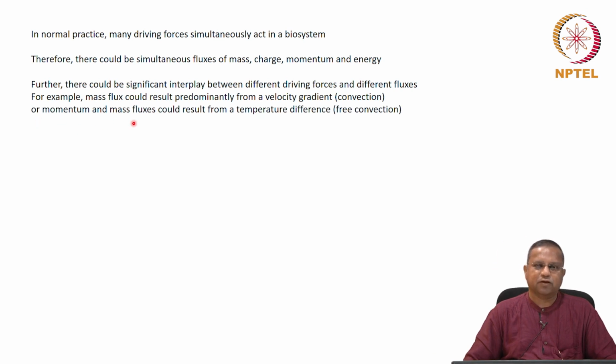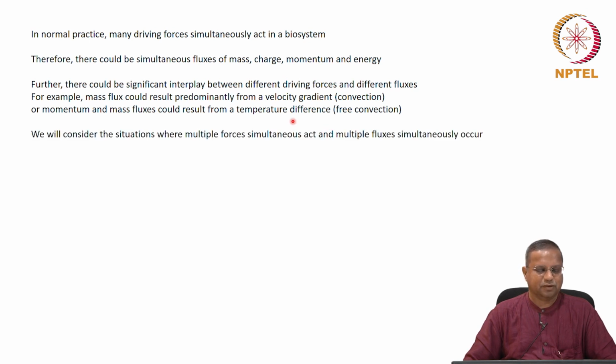Or momentum and mass fluxes could result from a temperature gradient, which is nothing but free convection. We will consider situations where multiple driving forces simultaneously act, and multiple fluxes simultaneously occur.